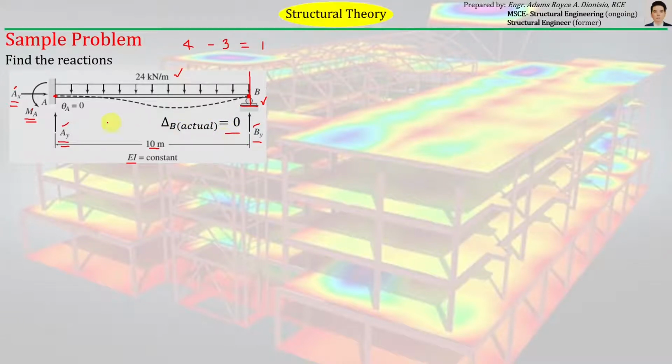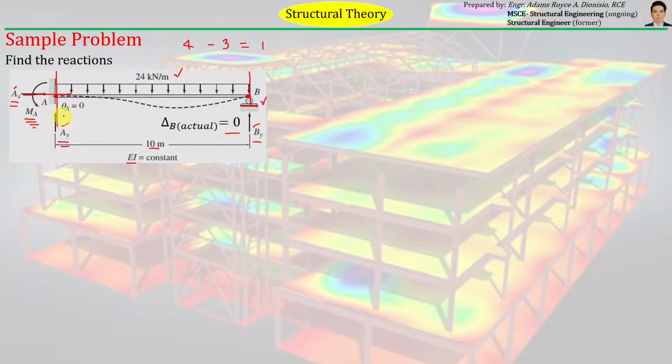Same goes for the other end, at joint A. Since it is a fixed support, it restrains translation along this direction, as well as the rotation. It also restrains rotation because you have a moment restraint here.